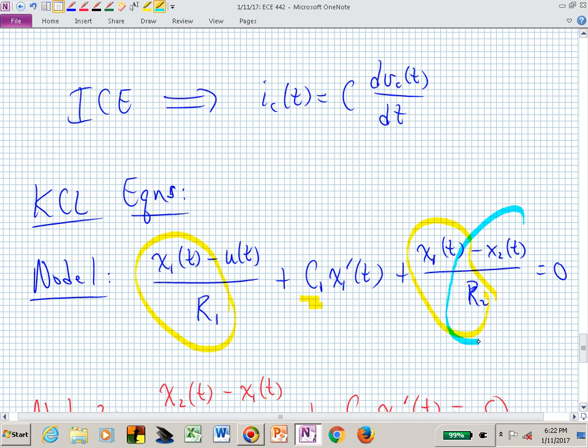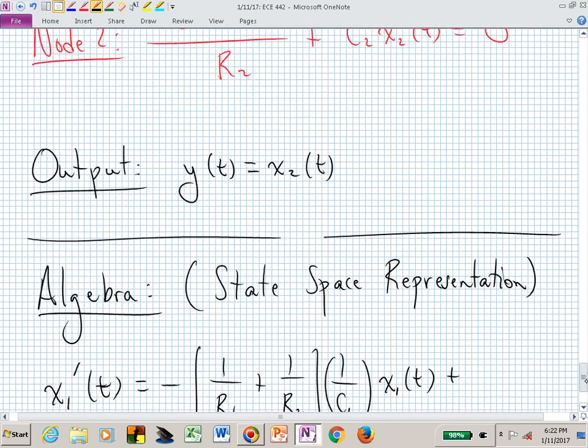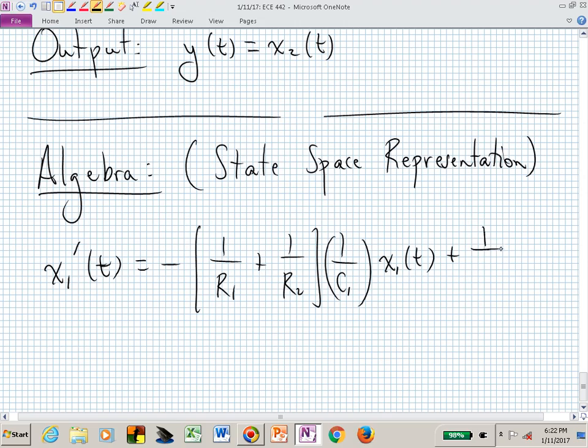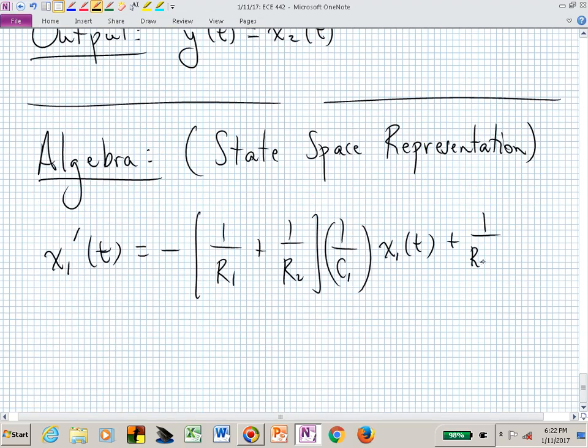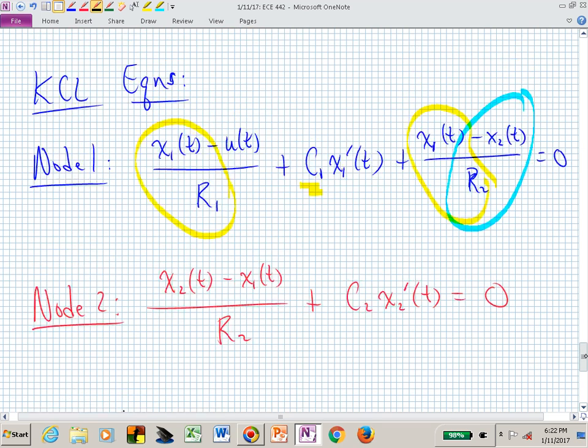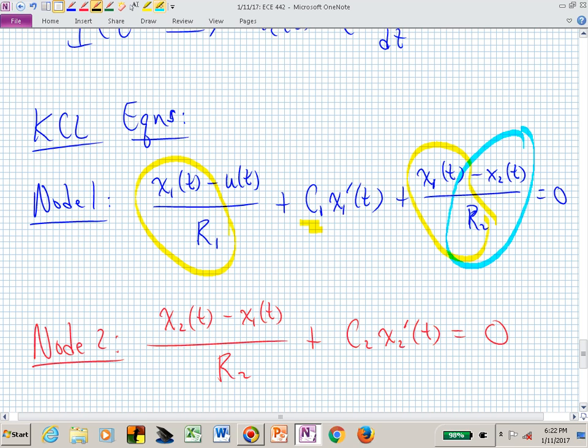Then I have an x sub 2 term. That's what I've highlighted in blue, and if I add that to both sides, I'm adding plus x sub 2 over R2 C1 to put it onto the other side. And I also have a u term, or an input term.